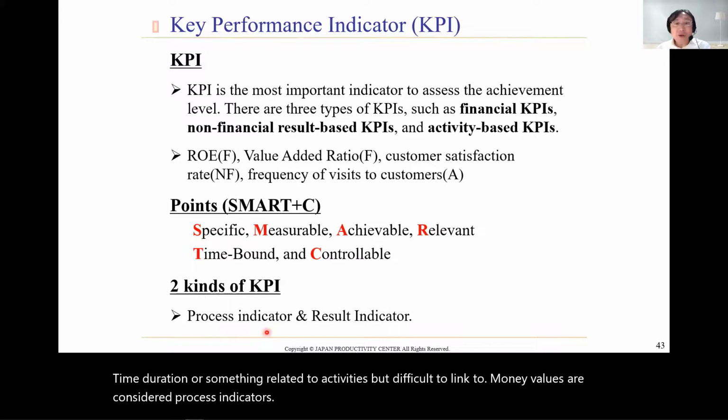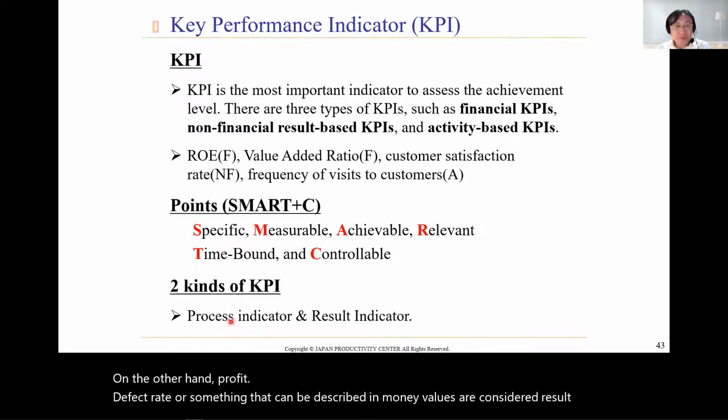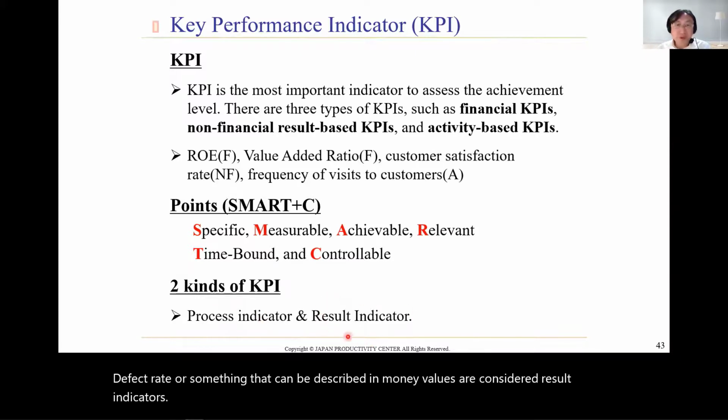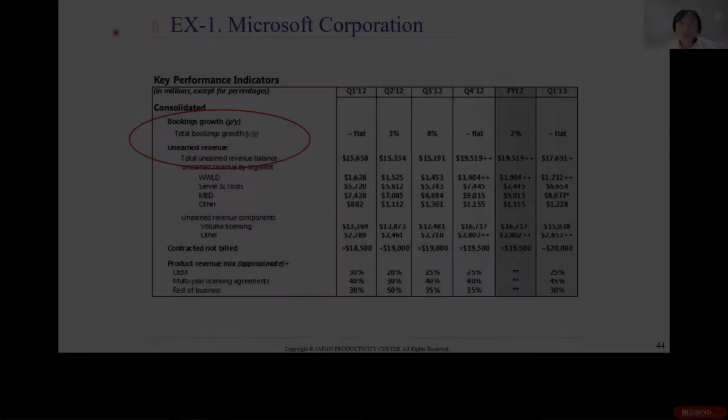On the other hand, profit, defect rate, or something that can be described in money values are considered result indicators. Managers need to find out ways to improve all of them.